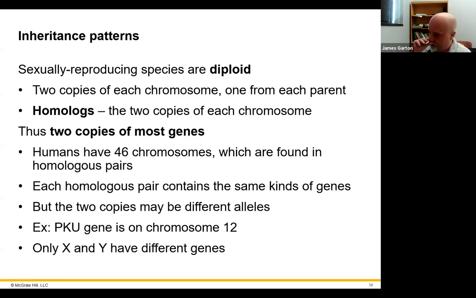And therefore, again, to keep it simple, since you have two copies of every chromosome, you, in general, have two copies of every gene. There are differences. Genes might multiply. You might have several copies of some genes. But basically, you can say, I have two copies of every chromosome. Therefore, I have two copies of every gene.